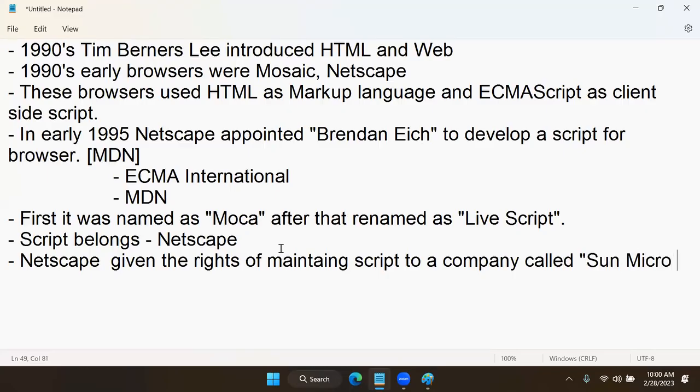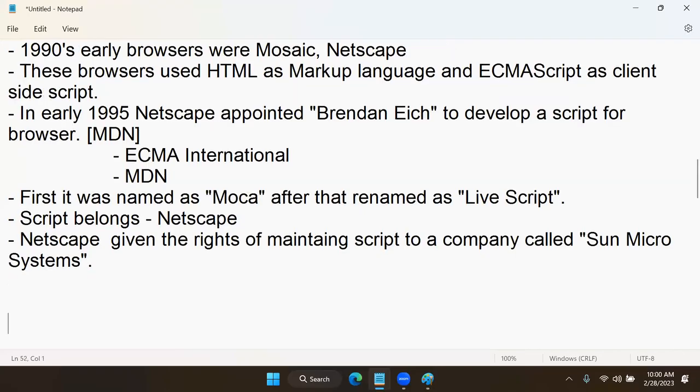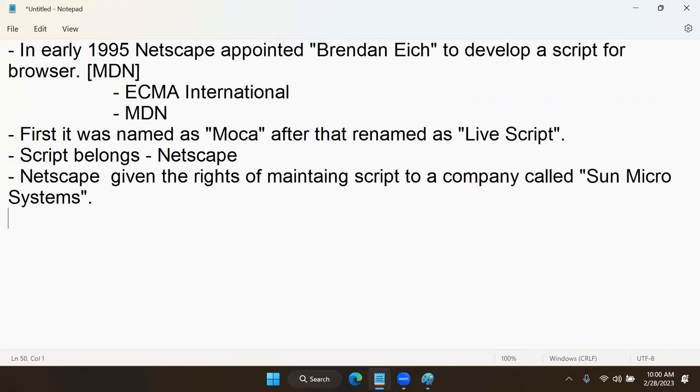Netscape is not popular for maintaining languages; they don't have that ability. So they gave the maintaining rights to Sun Microsystems, which is very popular for a language called Java.